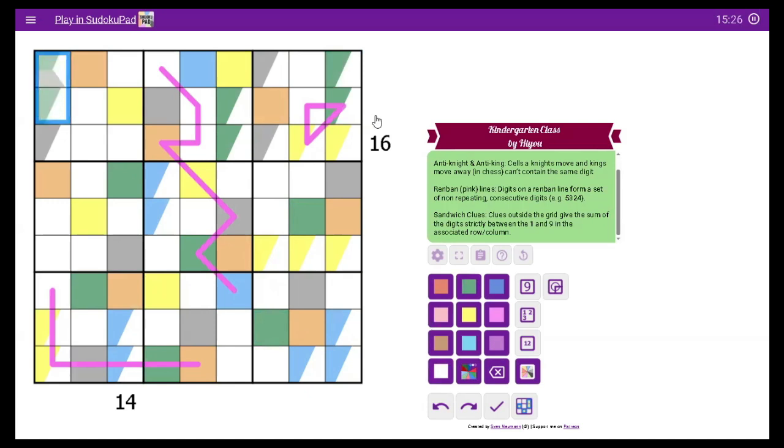So this is an X-wing in greens. So now this cannot be green. So that is green. What else can we do? Oh, wow, this is not gray because it sees it by knight's move. So that's gray. Takes out a gray from here. So this is gray. Do we have all the grays? Yes, we do.